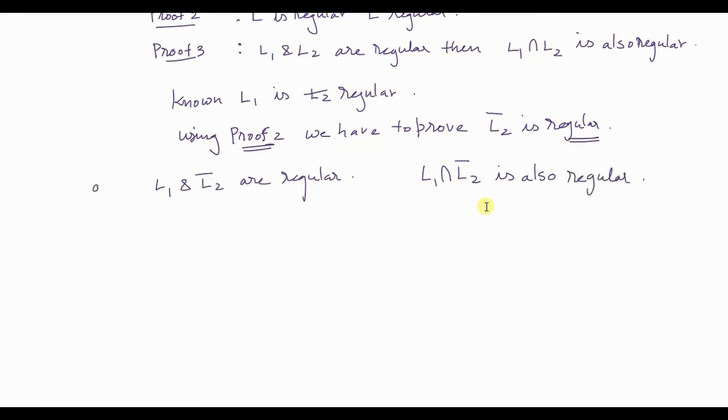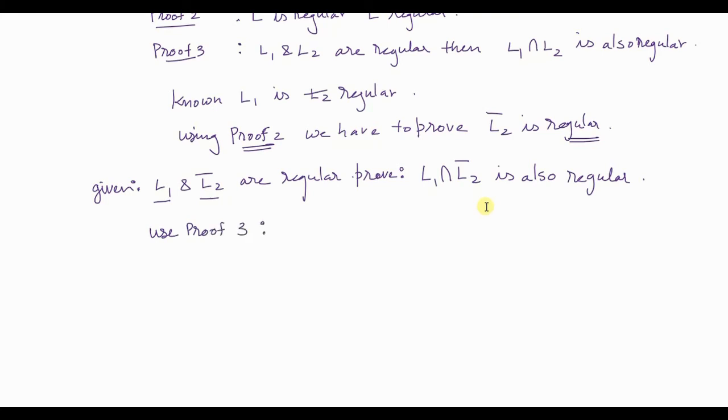Okay, so given or known that L1 and L2 bar are regular, we have to prove that L1 intersection L2 bar is also regular. We can do this using proof number 3.